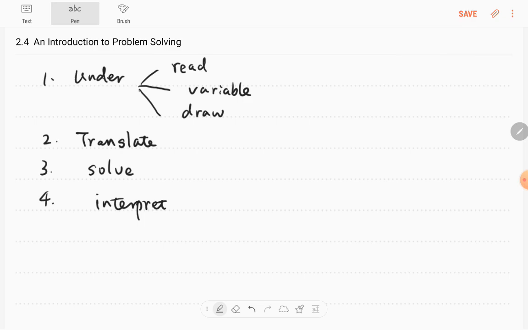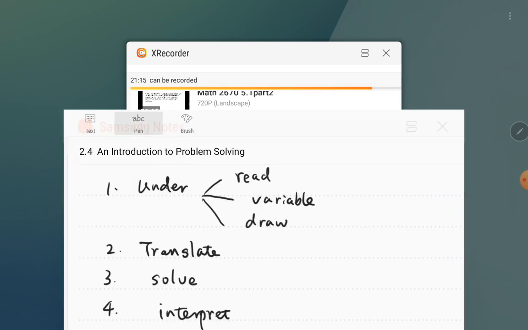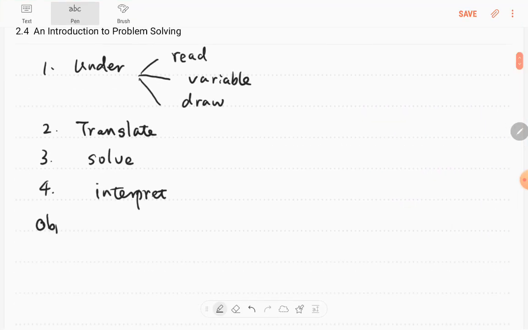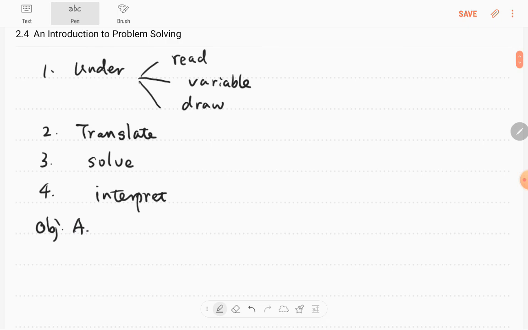Okay, so let's check our first objective. We need to solve directly translation problems. Directly translation problems. So let's see an example.